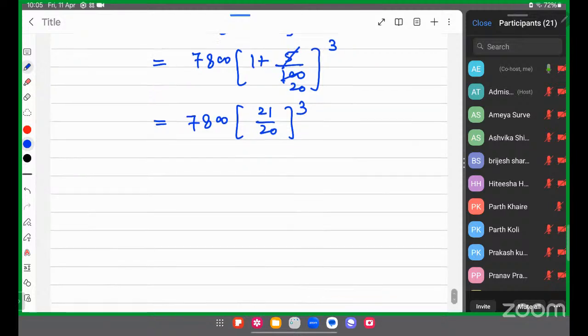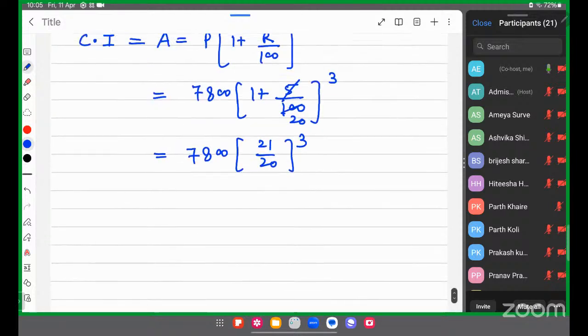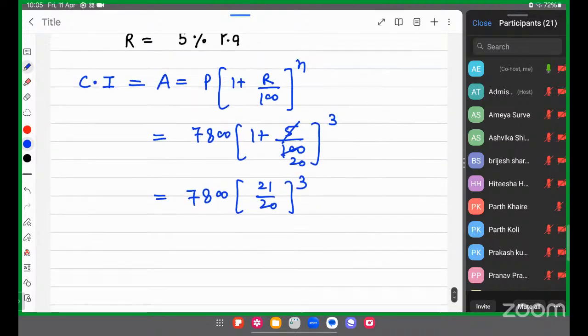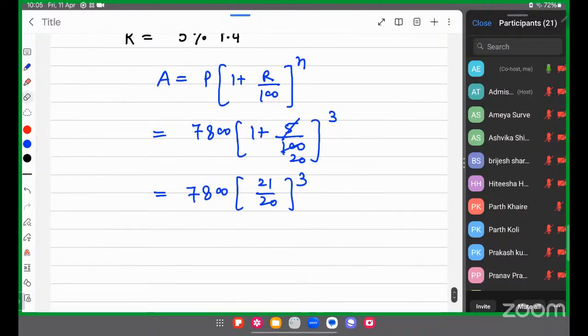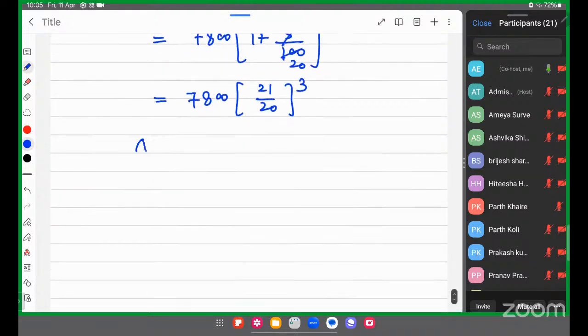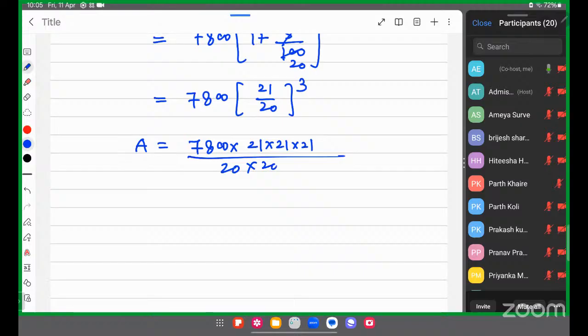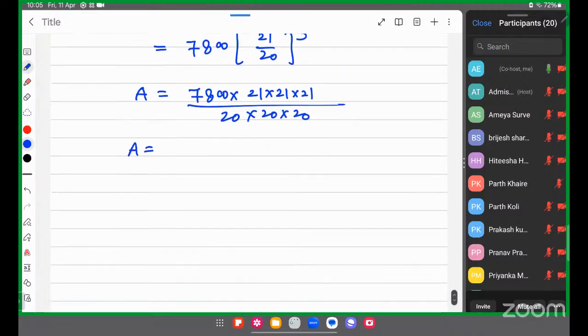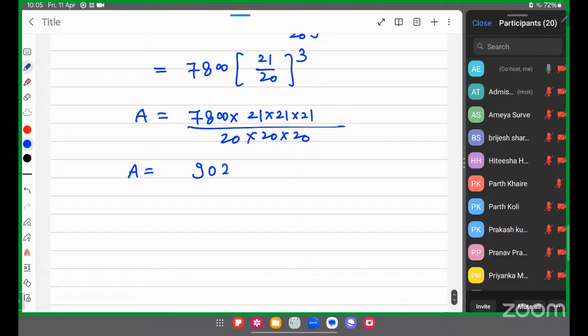Now again we have to calculate it. This is the overall amount. So A will be equal to 7800 into 21 into 21 into 21 divided by 20 into 20 into 20. Just simplify it. If you simplify it, this will be 9029.475 rupees.